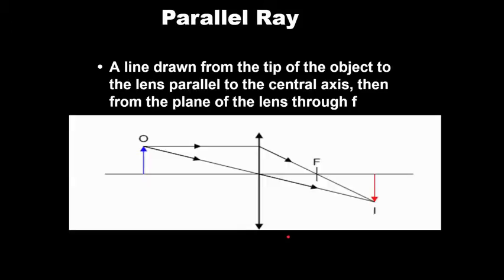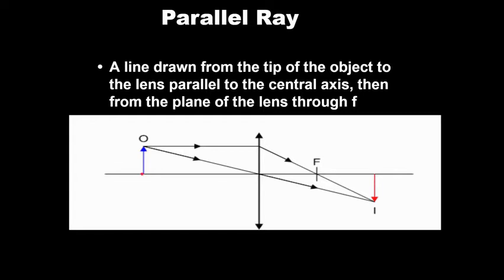The parallel ray begins at the top of the object, goes parallel to the principal axis until it reaches the plane of the lens. Then it converges through the focal point. So we're going to draw that line through the focal point until it meets the central ray. And where those 2 rays meet is where our image is formed.